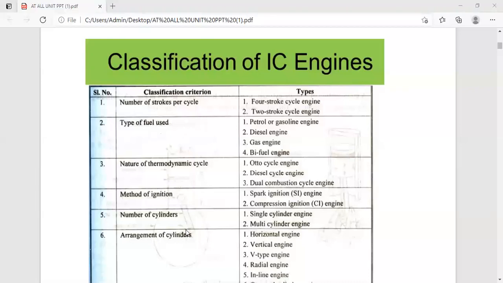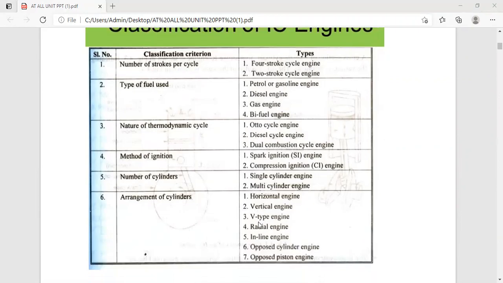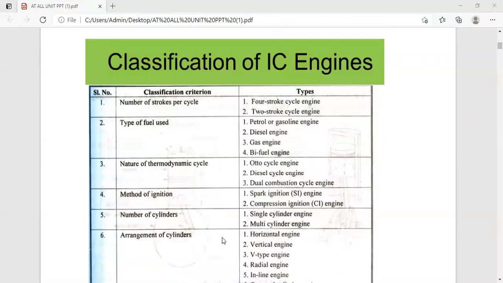And number of cylinders: single cylinder engine, multi-cylinder engine. And according to the arrangement: horizontal, vertical, V-type, radial, inline, opposed cylinder, and opposed piston engine.